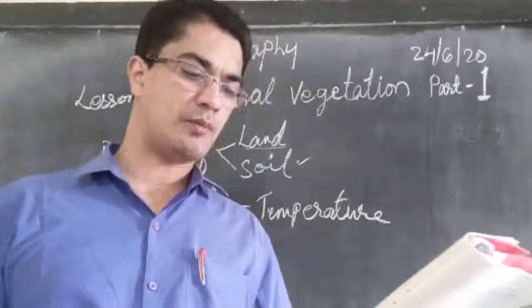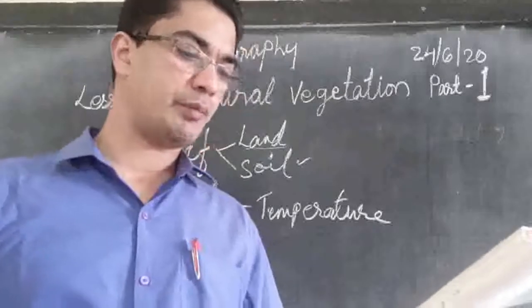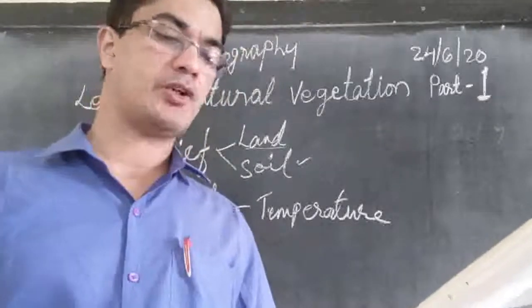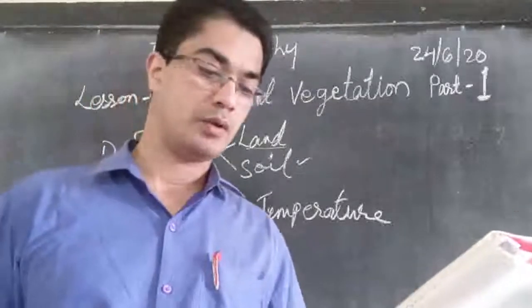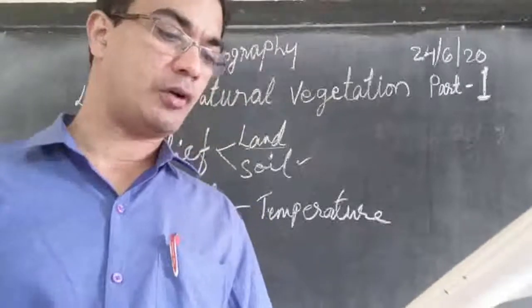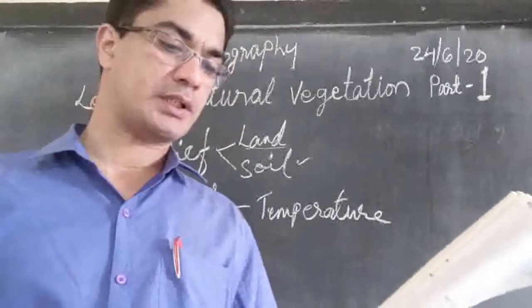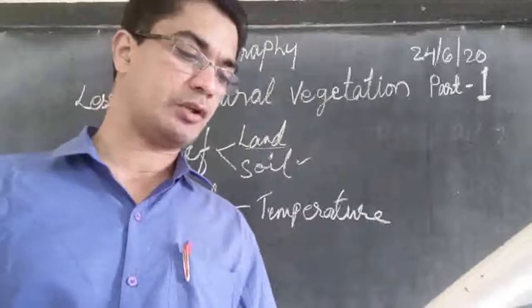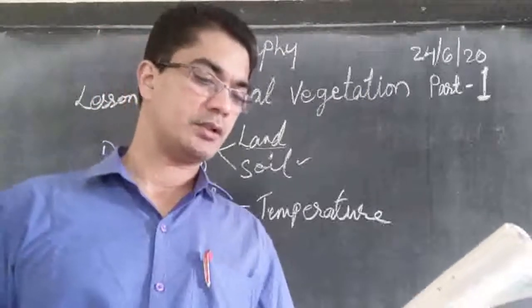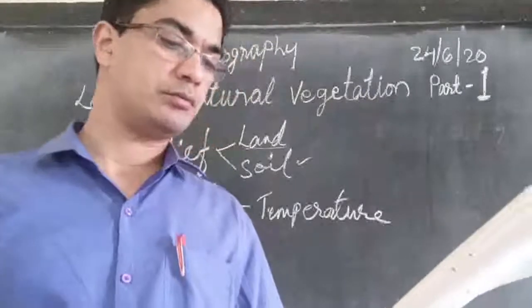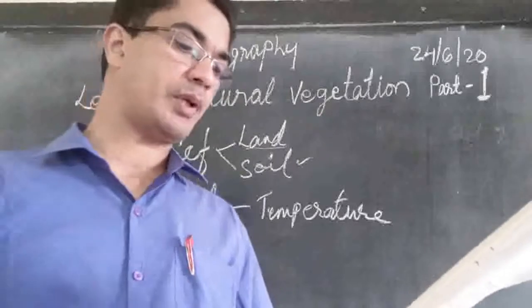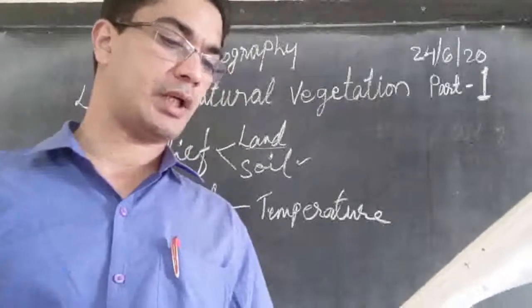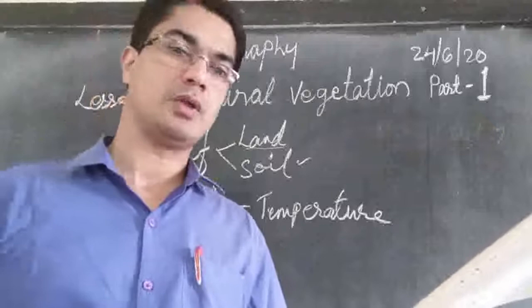On the slopes of the Himalayas and the hills of the peninsula, above the height of 915 meters, the fall in temperature affects the types of vegetation and its growth. The changes are from tropical to subtropical, temperate and alpine vegetation.